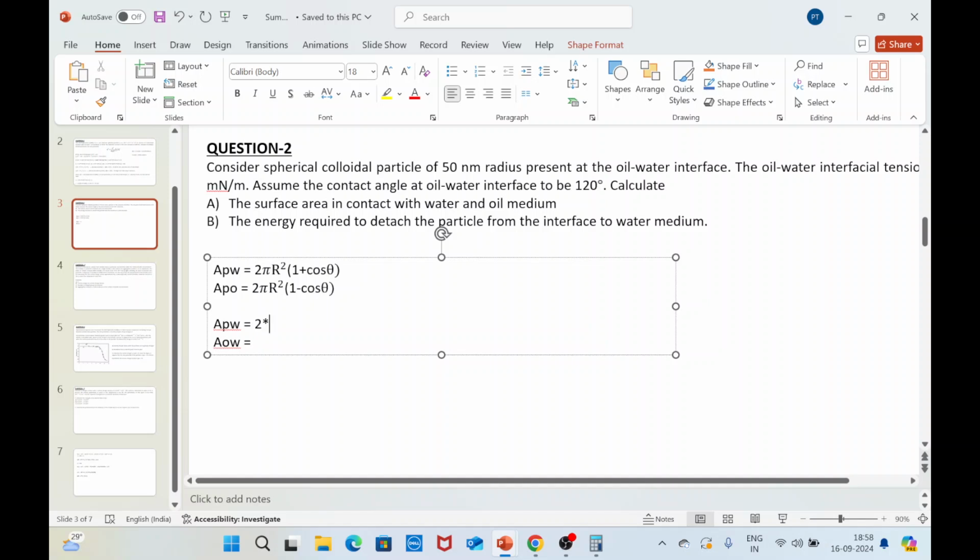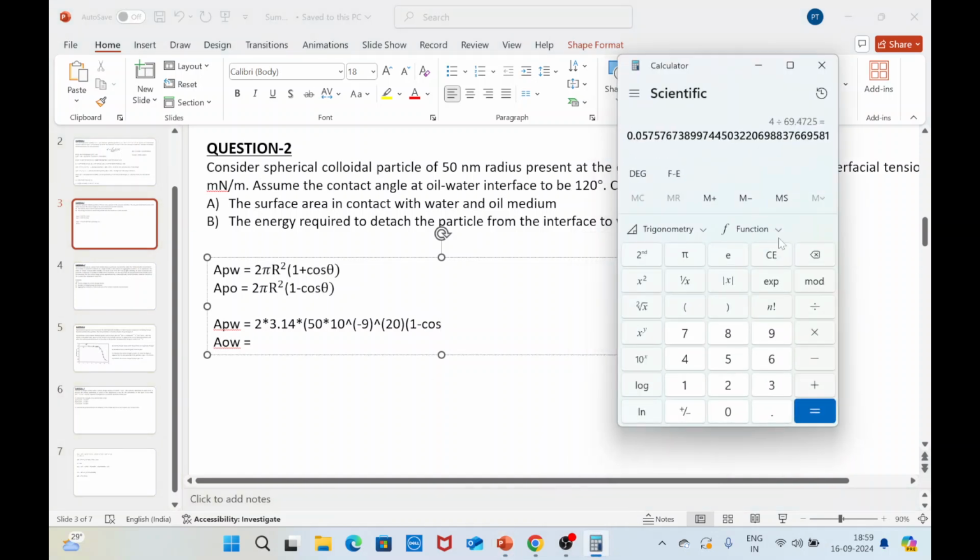So 2 times pi is 3.14, times r, that is nothing but 50 times 10 to the power minus 9, whole square, 1 minus cos of 120 is minus 0.5.